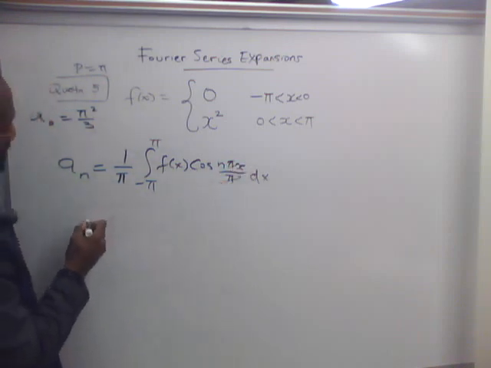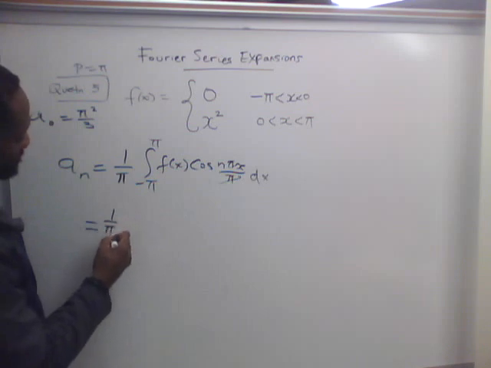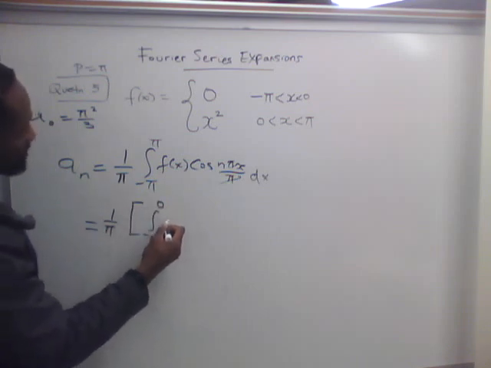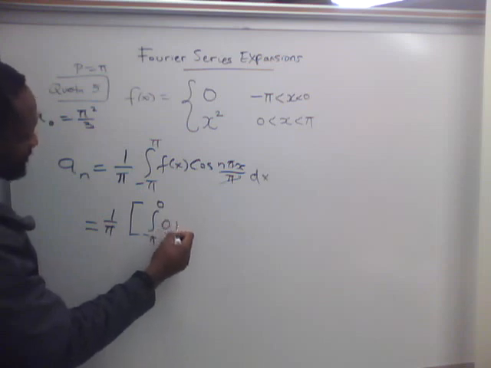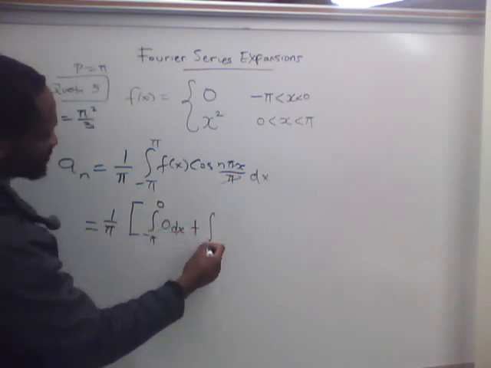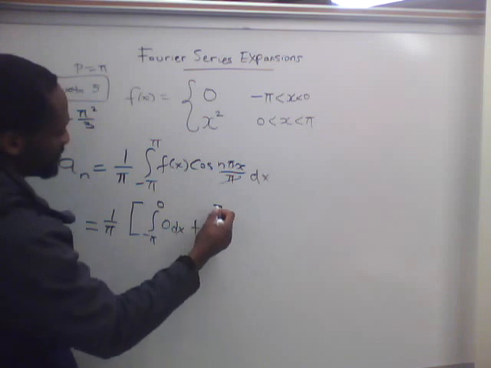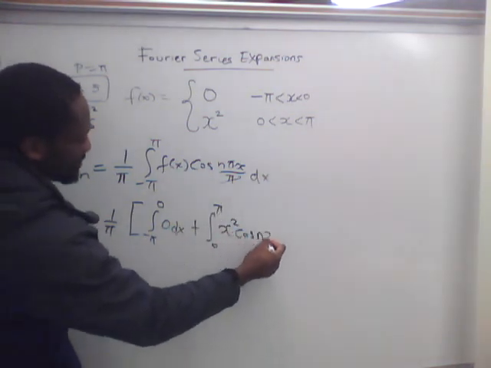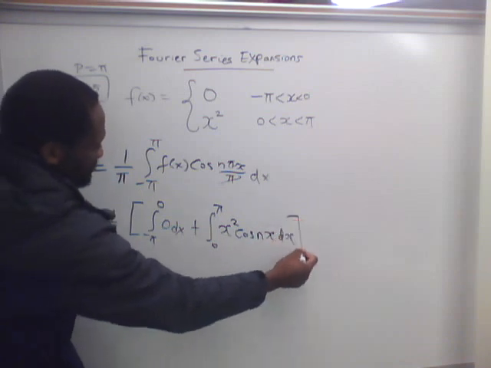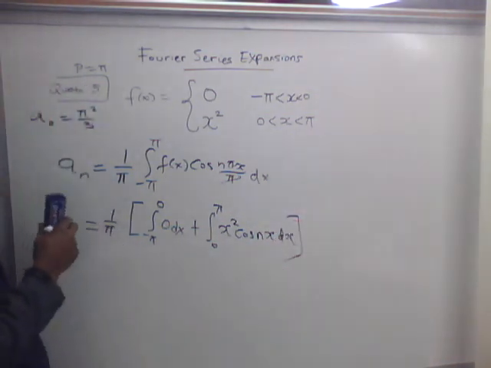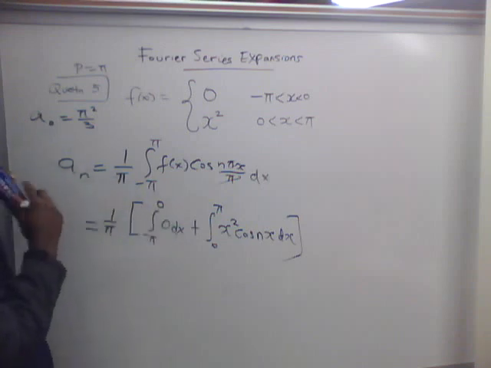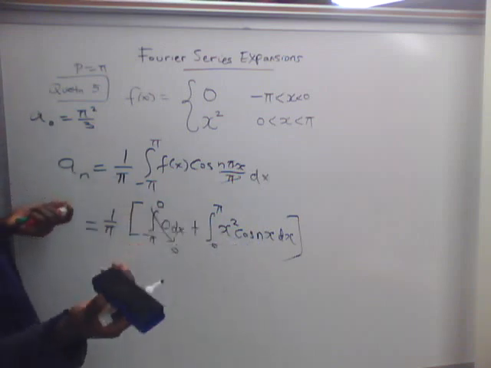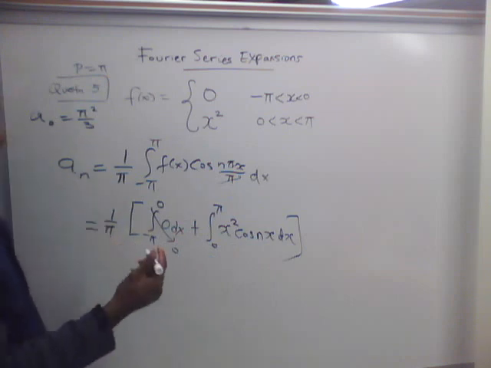Okay, again I split the integral: minus pi to 0 for the 0, plus 0 to pi x squared cosine nx dx. Okay, this is 0 as before. This here, you can easily integrate as well, right?